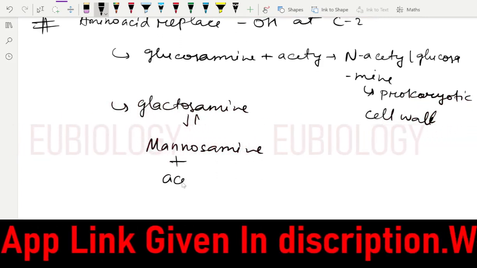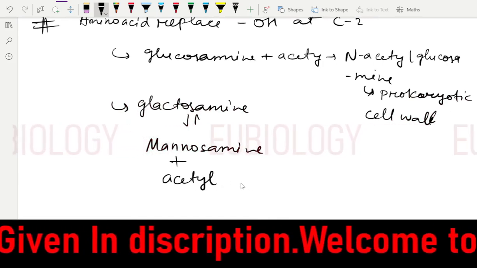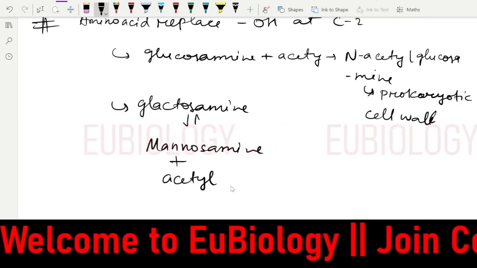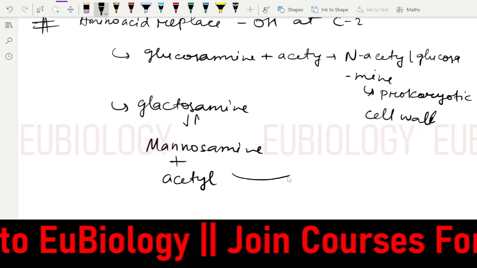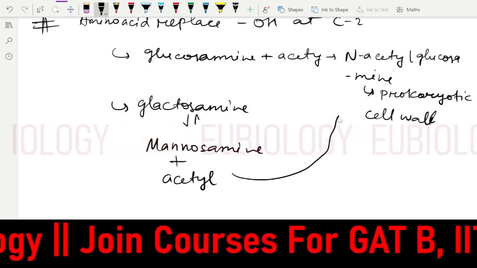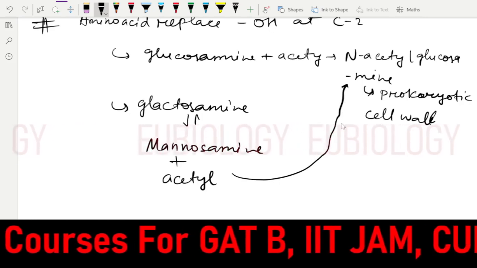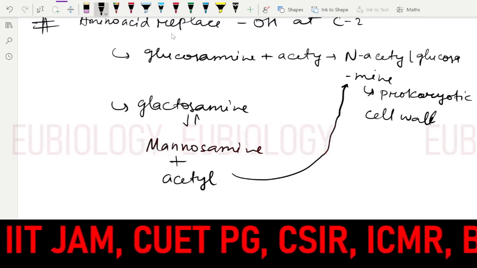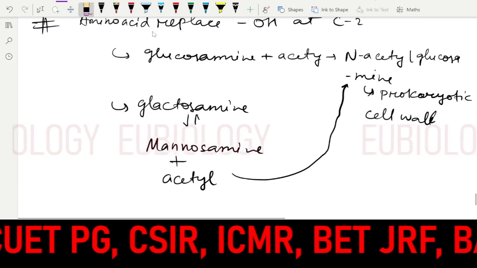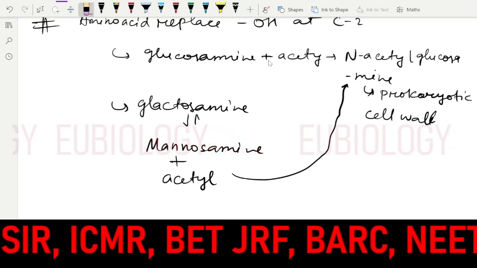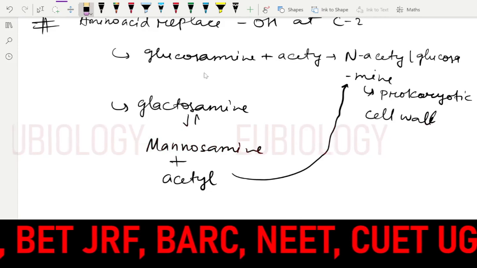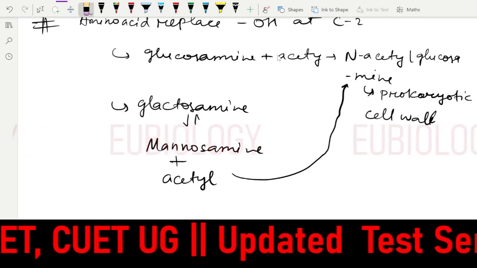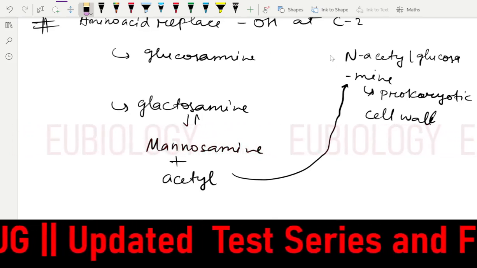If it is added with the acetyl by condensation, then it will give you the N-acetyl glucosamine. Finally, we reached here. By this way also you can go, or the same glucosamine will give the galactosamine, then it will give the N-acetyl glucosamine. Same only.